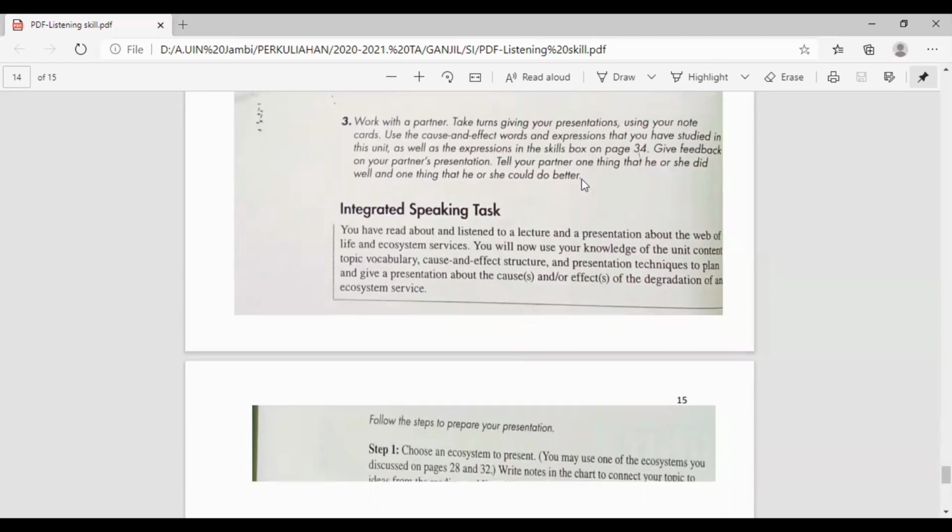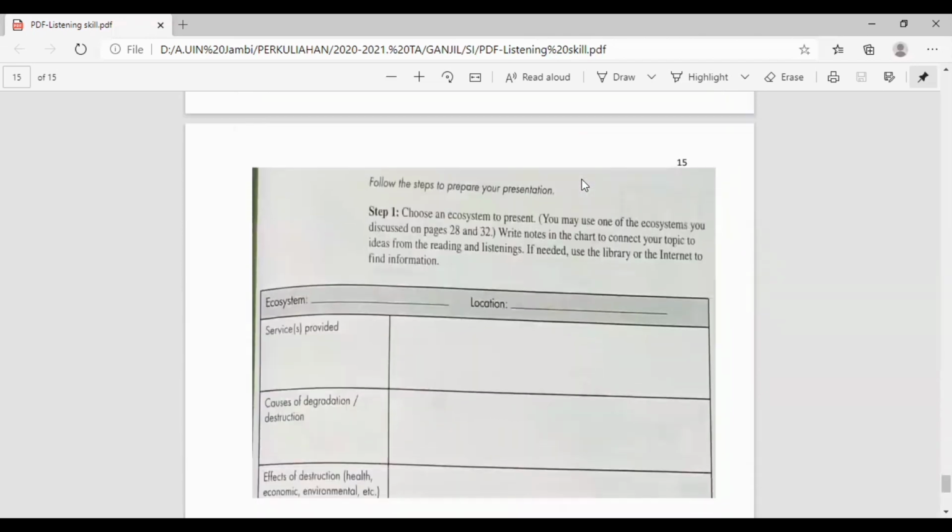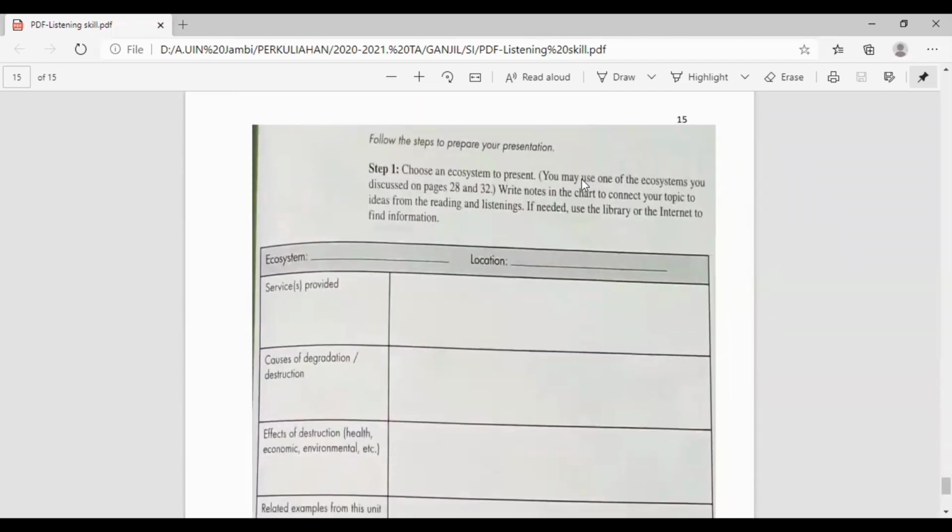Now, these are the steps to prepare for your presentation. First, choose an ecosystem to present. You may use one of the ecosystems you discussed on page 28 or 32 before, or write notes in the chart to connect your topic to ideas from reading and listening.